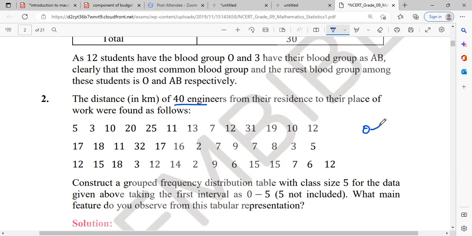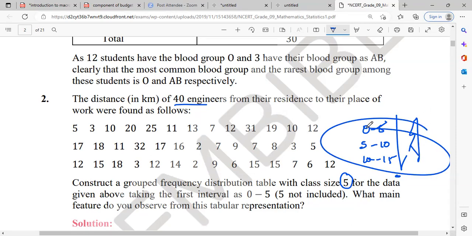Then after that, what will you write? 5 to 10. The gap should be 5. Then 10 to 15, like this, and you will check the highest number and continue until there. I already told you what to do. Count it, make a tally mark and then write the number. Clear?